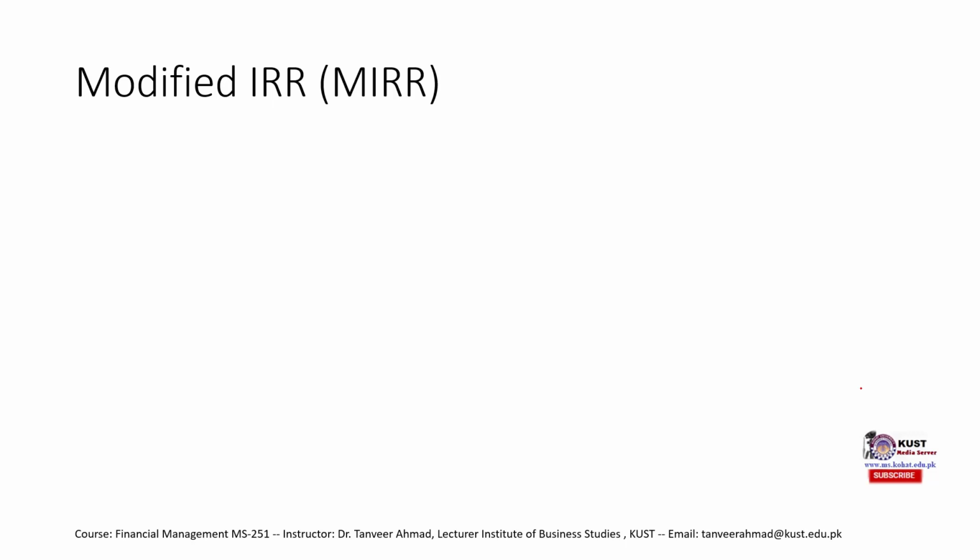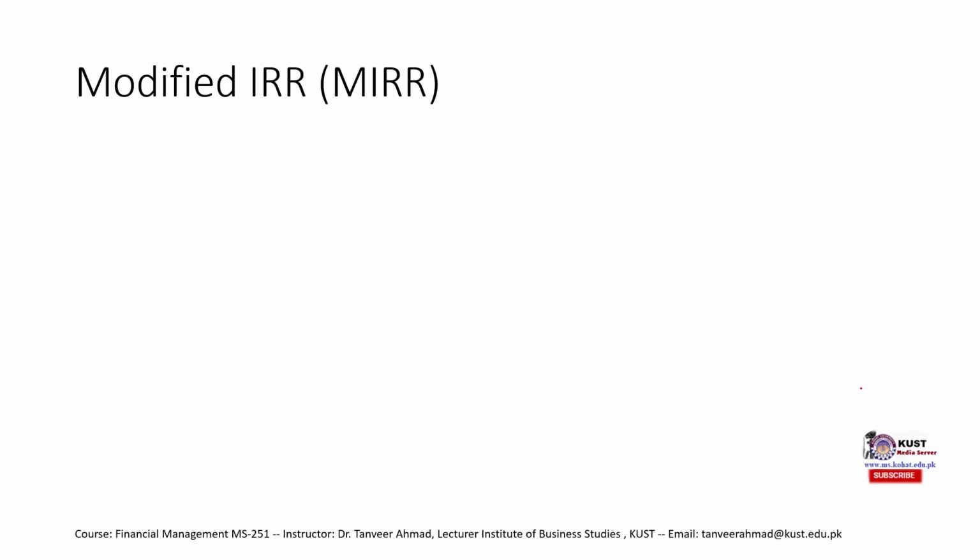But when we have non-conventional cash flows, that is, when the signs of the cash flow would change multiple times, more than once, then the IRR technique would give us multiple IRRs, which is an issue, and we would not be able to make the decision.